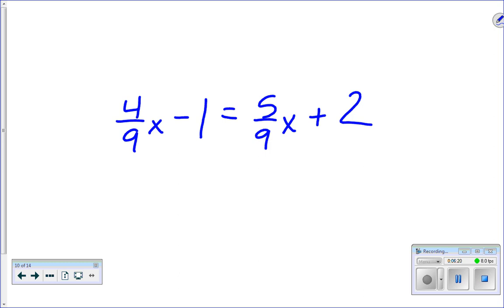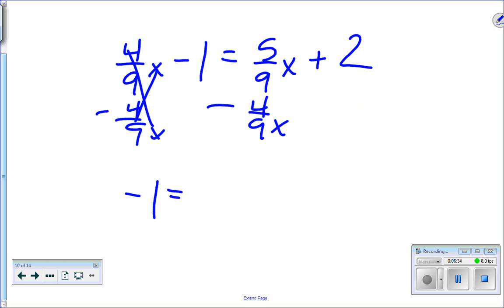Okay. All right, Lydia, what's the first thing you're going to do? Sure. We'll take it from this side this time, because then I don't end up with a negative. So then I have negative 1 equals 1/9 x plus 2. Now what? Minus 2.